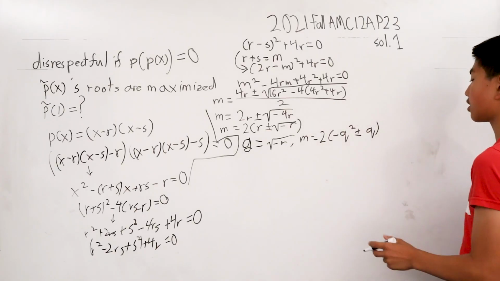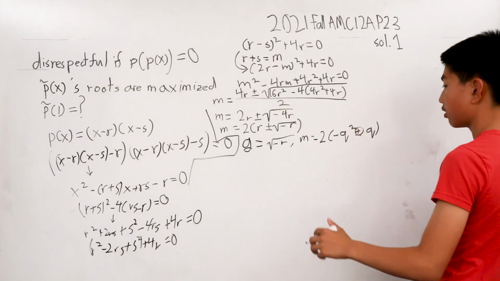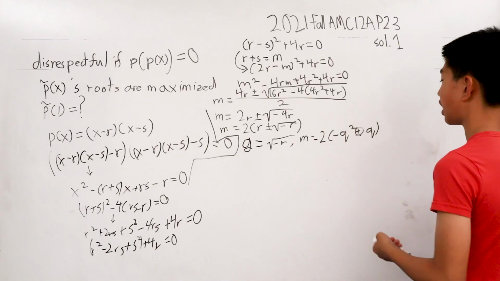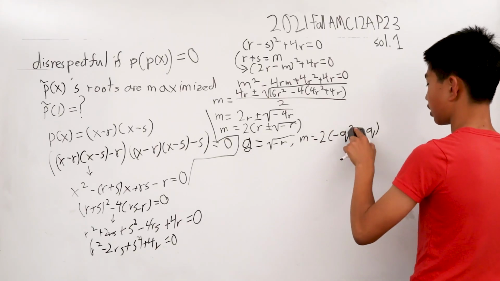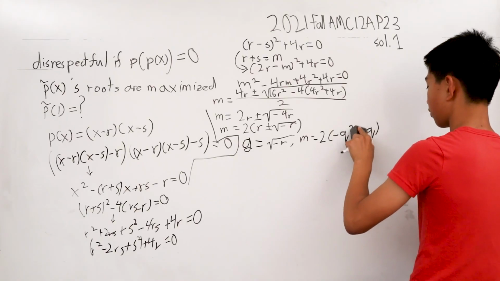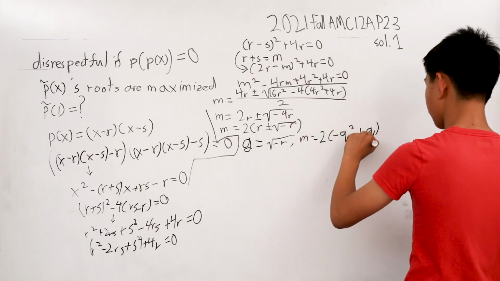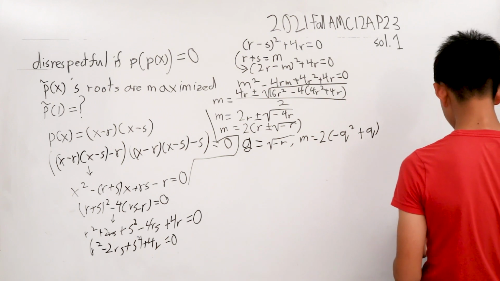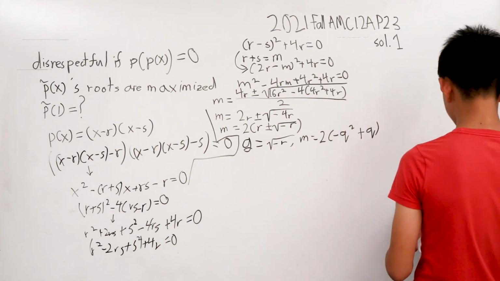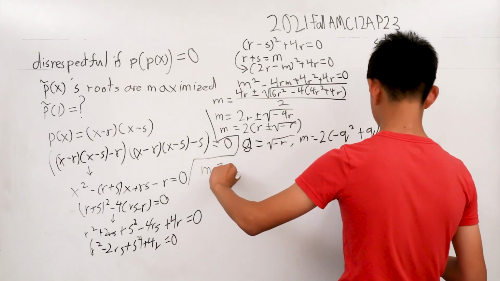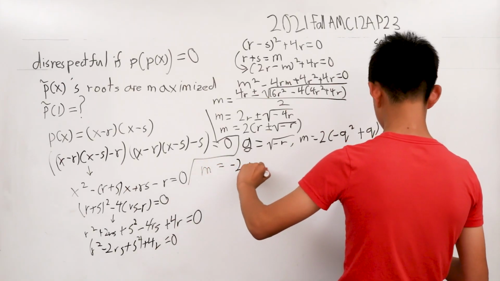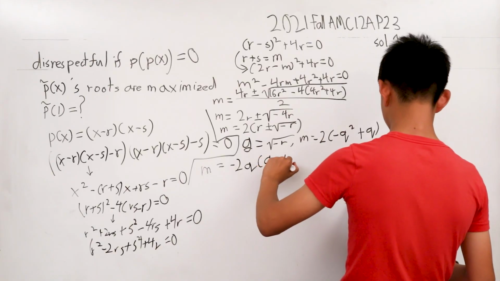So when you choose this sum, you want to add it. So our ideal value of m is equal to 2 times negative q squared plus q. So simply solving for this, you can factor out another q. M is equal to negative 2q times q minus 1.